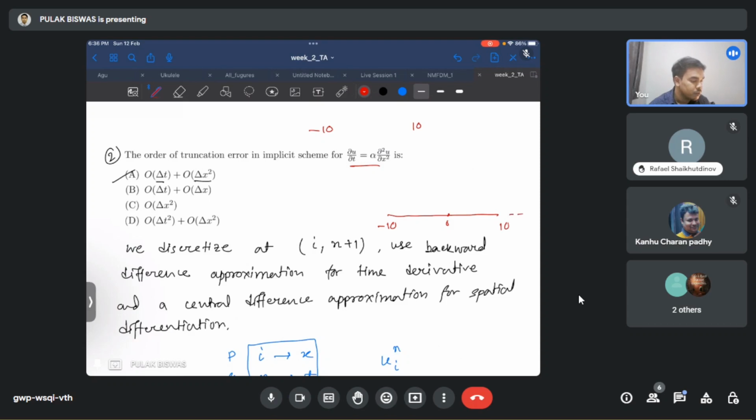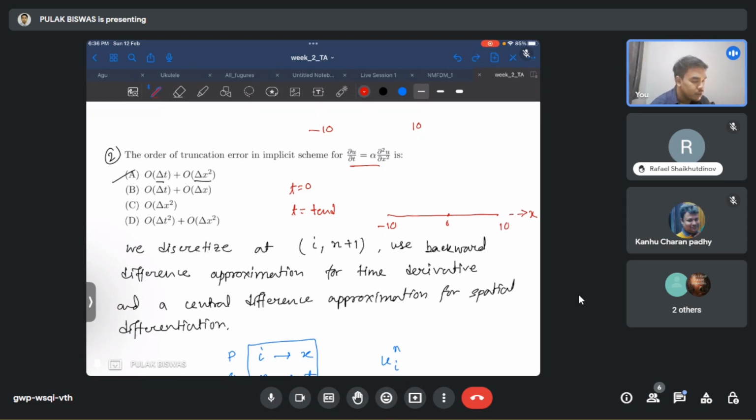This one is the x, and also you maybe want to calculate the value at different times. Maybe your starting time is equal to 0, and there may be some end time up to which you want to find the solution, like what is happening with time to this variable u.